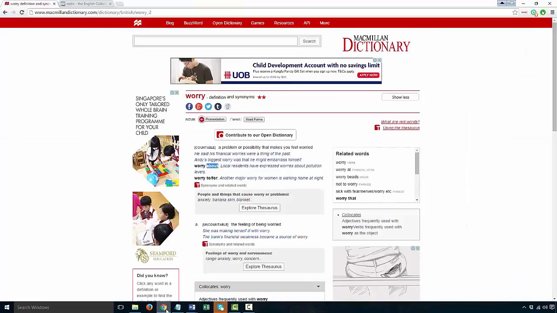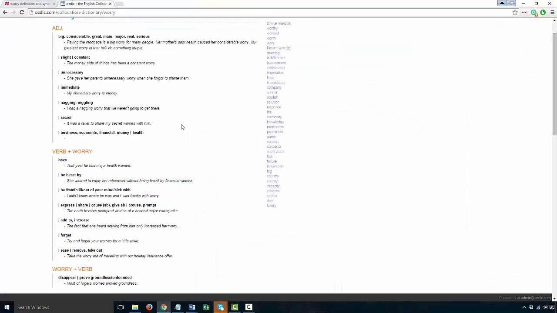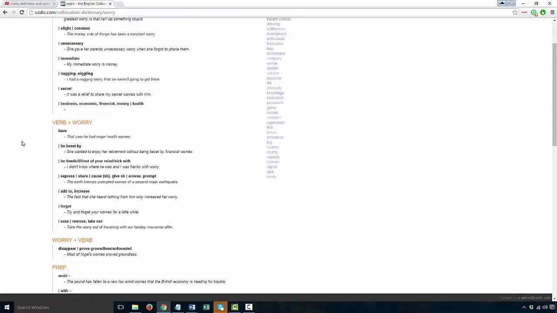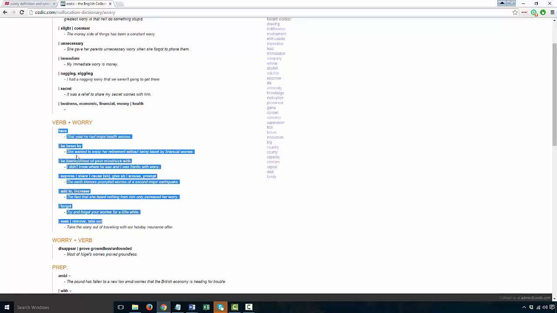Now, there are other ways of writing this sentence, with worry as a noun. To be beset by, like to be troubled by, to encounter a lot of worries. So these are all very natural collocations. You will see these often used.